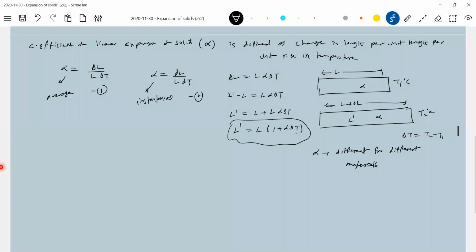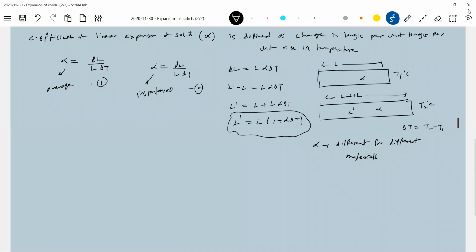Now again, if you look at isotropic and anisotropic substances, take the isotropic substance.